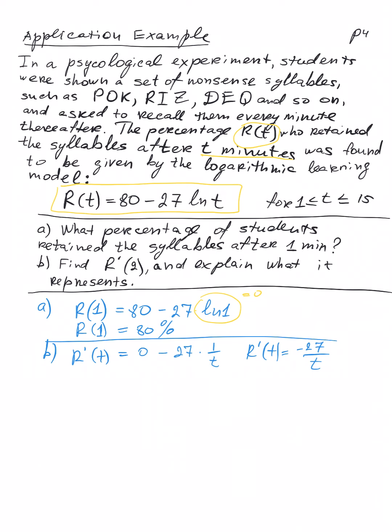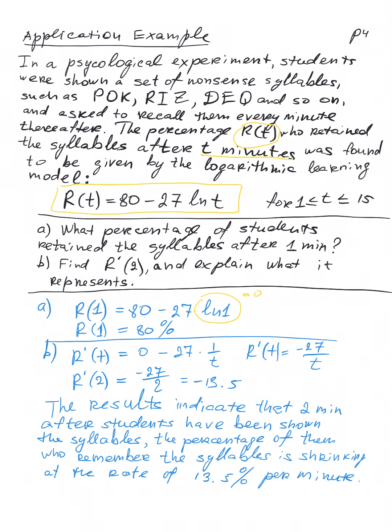Now we evaluate that derivative at 2. Remember, derivative is instantaneous rate of change. So what's happening at exactly 2 minutes. All right, so negative 27 divided by 2 gives me negative 13.5.